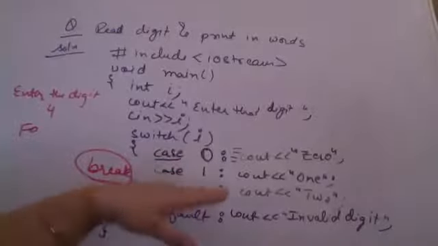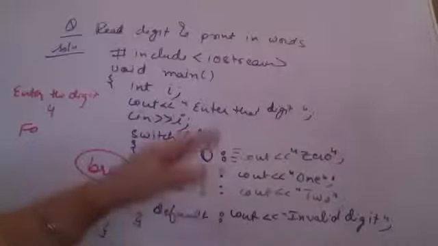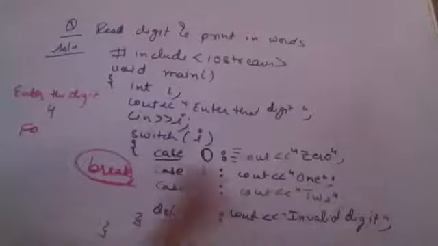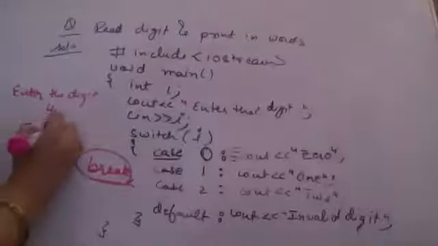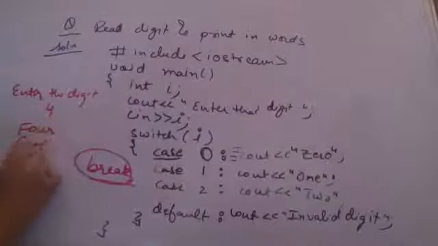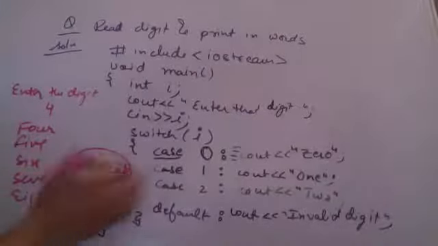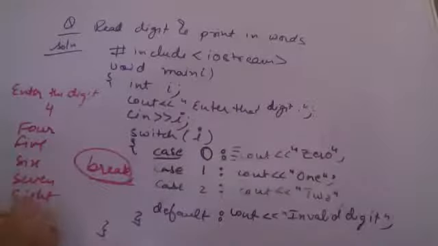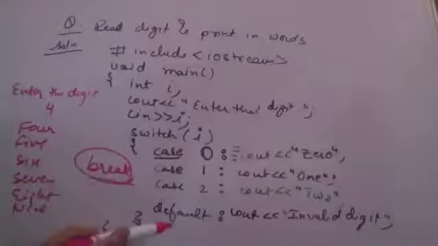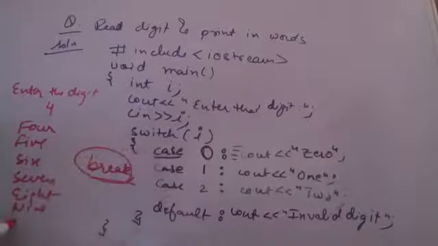So all the statements after the matched case will be executed until a break is found. That means I will print 4, 5, 6, 7, 8 till 9. Even the default will be printed, because there is no break, everything will be printed here.